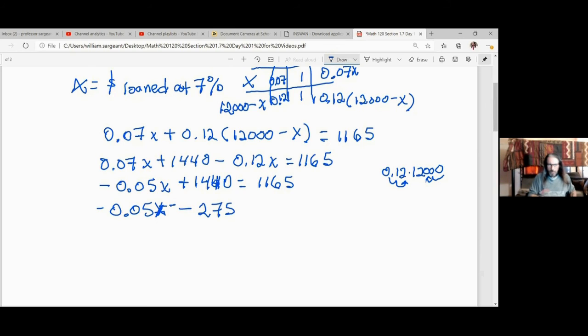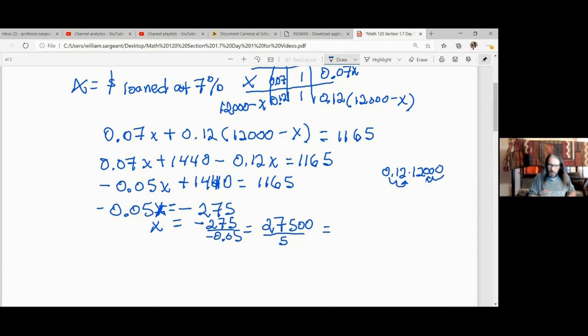So when we divide negative 275 by the negative 0.05, those negatives are going to cancel. And that would be the same as moving both decimal places to the right, since I'm dividing, the opposite operation.